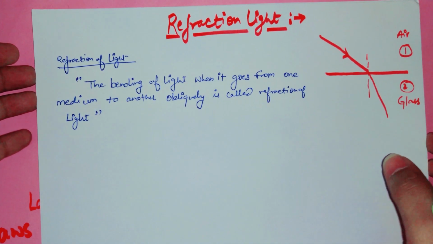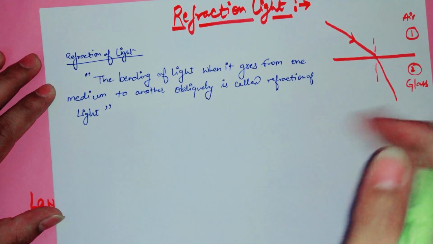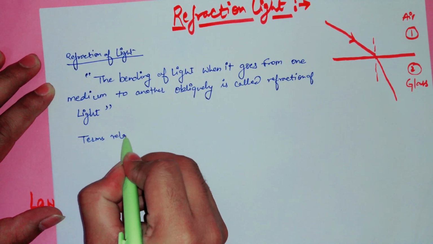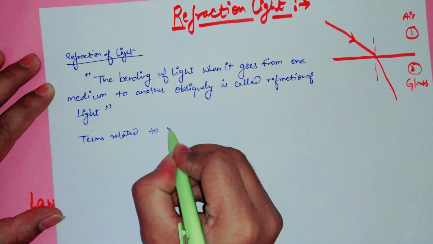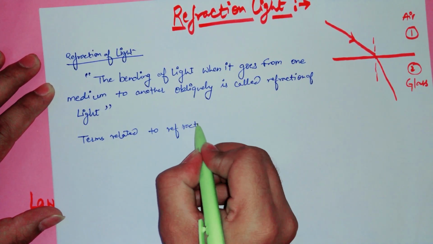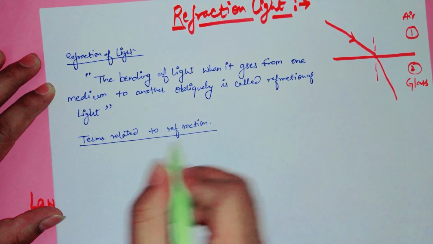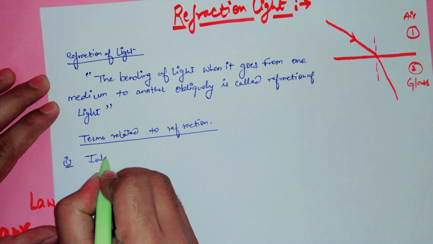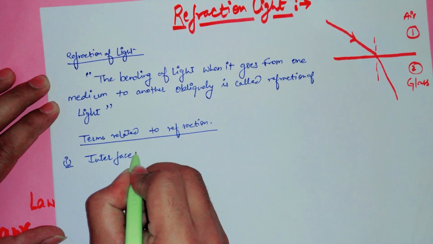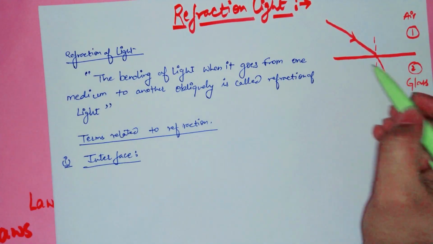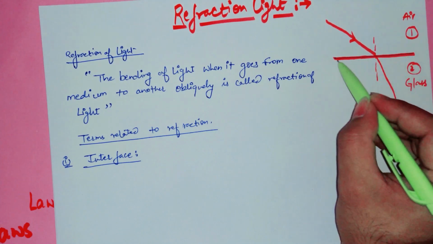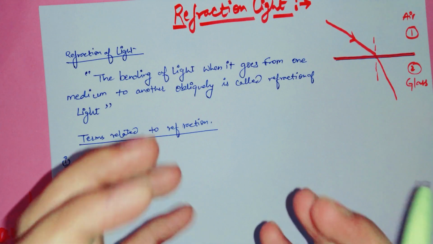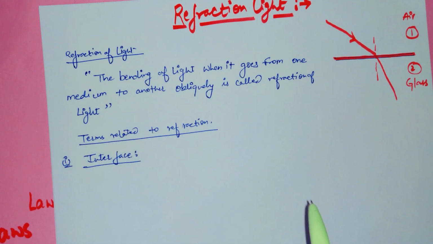Now we will talk about some terms related to refraction. First is interface. What is interface? This line is called the interface, the line or the boundary which separates two media.